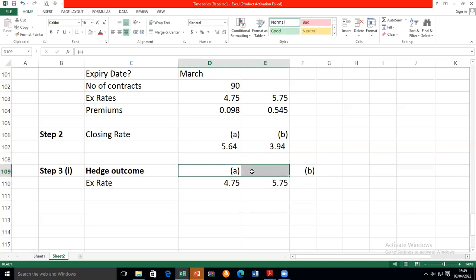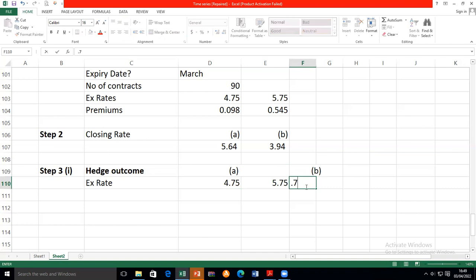Under A, these are the options. That's what you have. Under B again, you've got the same: 4.75 and 5.75.